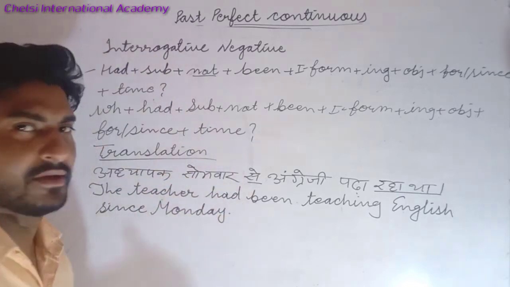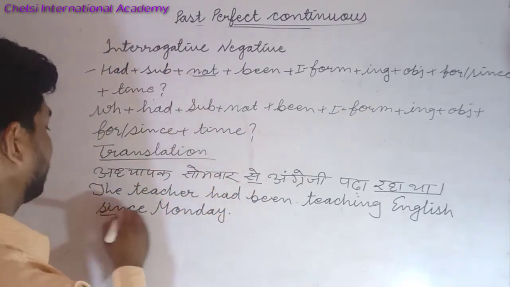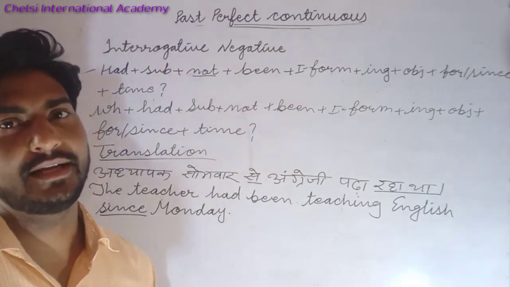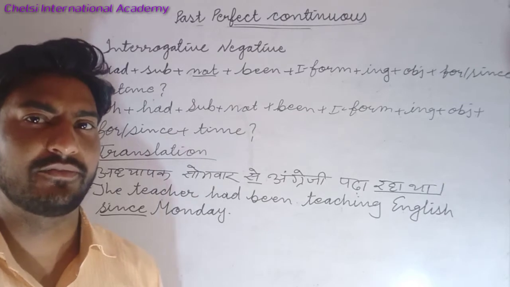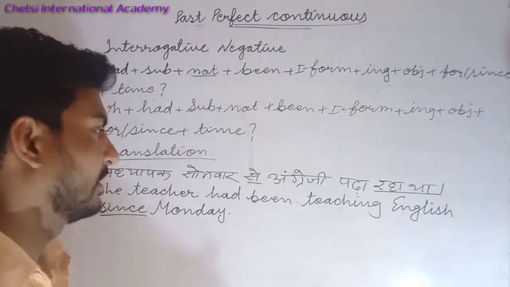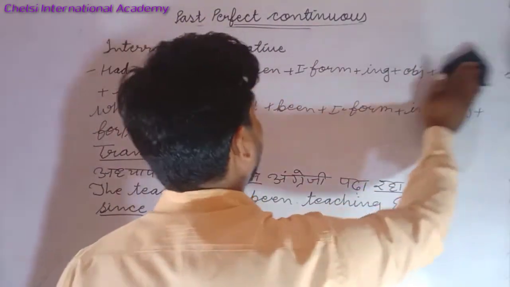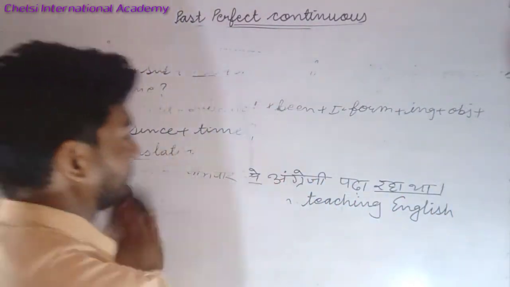We know where we use since and where we use for; we have read this topic in previous videos. Okay, let's see the negative sentence, how we form the negative sentence.